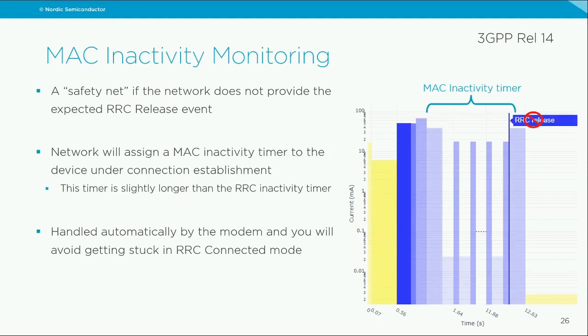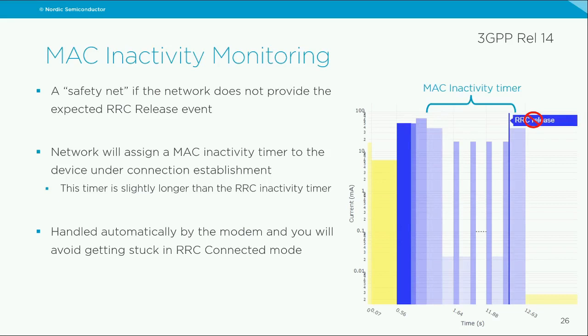The first one is MAC inactivity monitoring. This is basically a safety net if the network does not provide the expected RRC release event. After you have sent your data, you go into an RRC inactivity timer. This timer is different from network to network, and after it has run out, you will get an RRC release from the network.